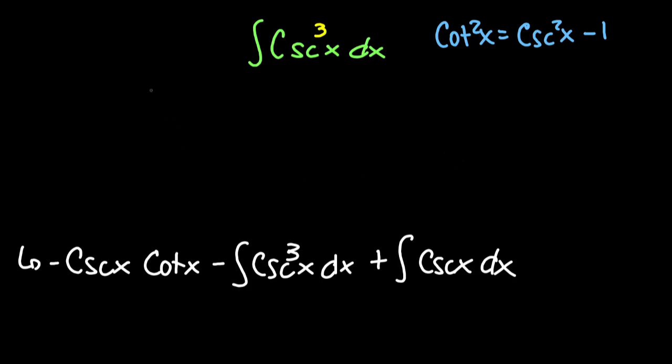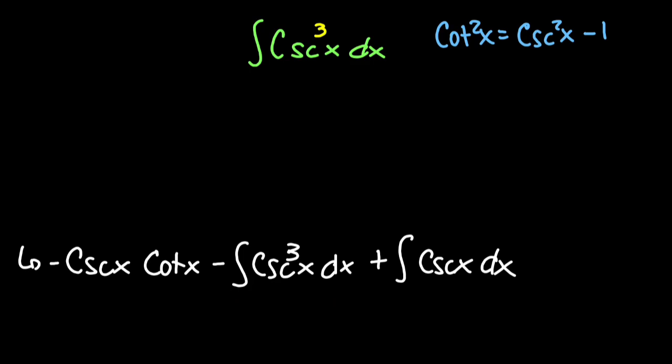At this point, whenever you see a term here that is similar to our original problem, such as the integral of cosecant cube of x dx, same as our problem right here, we would need to get rid of this one because it will take us for a loop again.